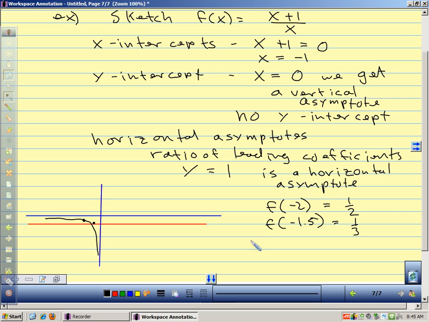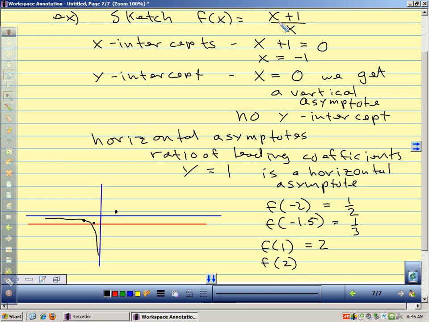And then if I plot the point f of 1, I plug in 1, I get 2 over 1. So f of 1 is 2, up here above my asymptote. And I could plug in f of 2.